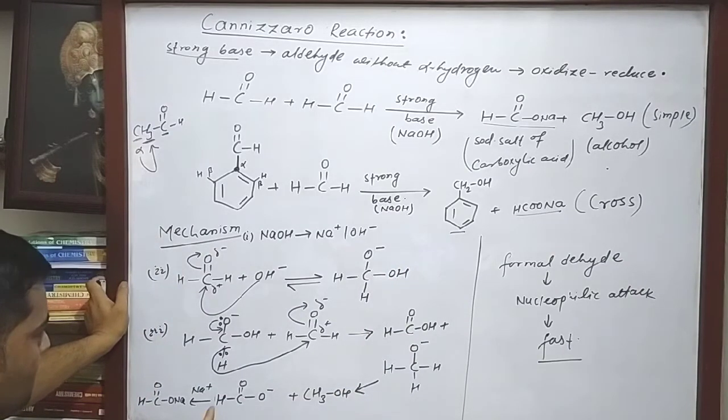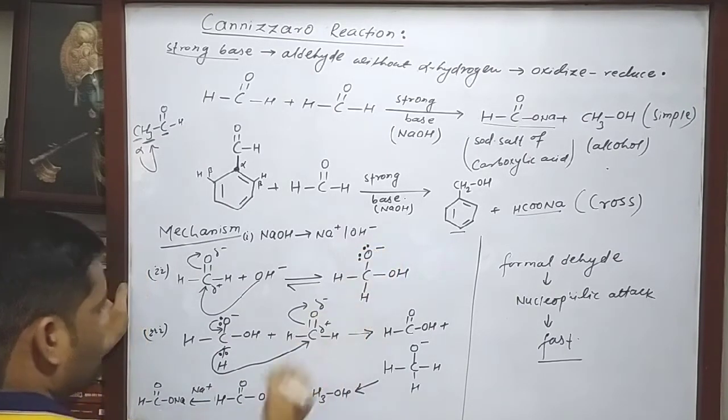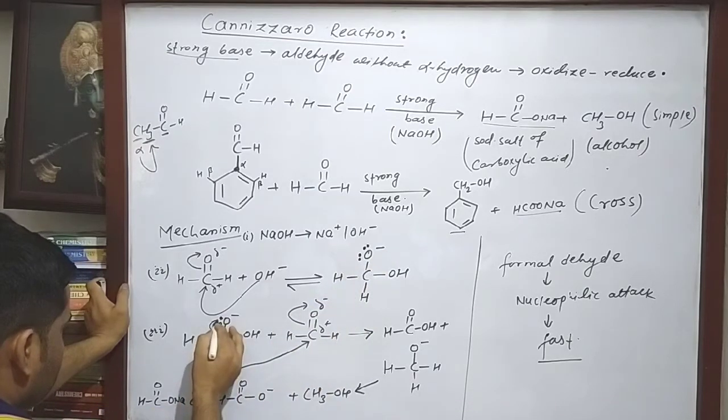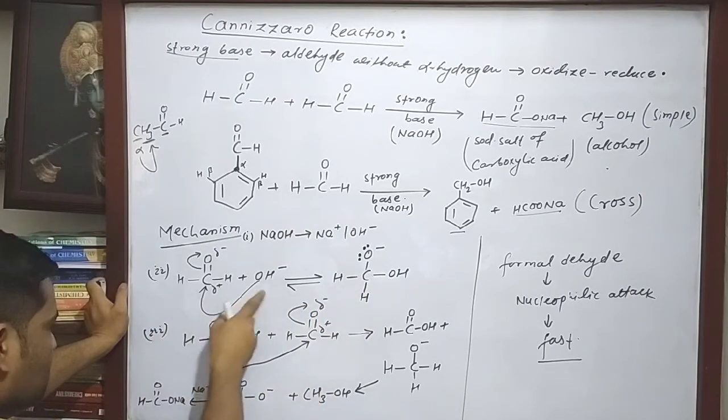And in the next step, this negatively charged oxygen contains a lone pair of electrons, and to stabilize this negative charge, this lone pair shifts towards the same molecule, and this is the first step.